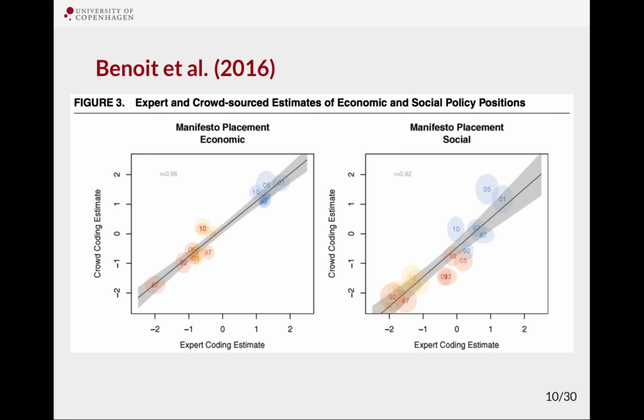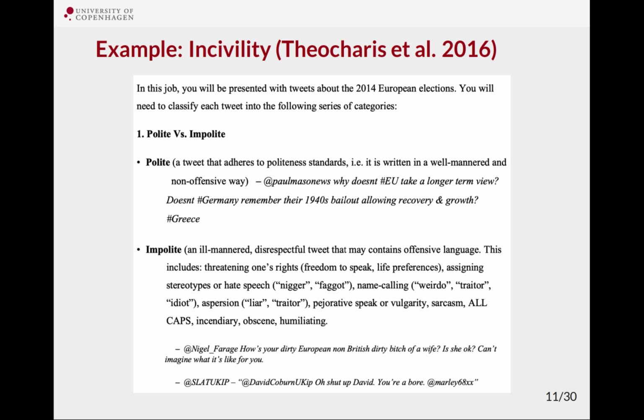So this is just a graphic from the Benoit article showing how well the expert coding of the political platforms of parties are relative to that of the ordinary internet users, and the correlation is actually quite high, right? We have 0.96 correlation here and 0.92 correlation over here. So this is just an example of the use of the wisdom of the crowd's approach to coding social media data.